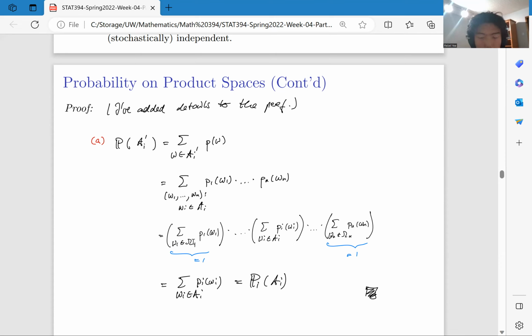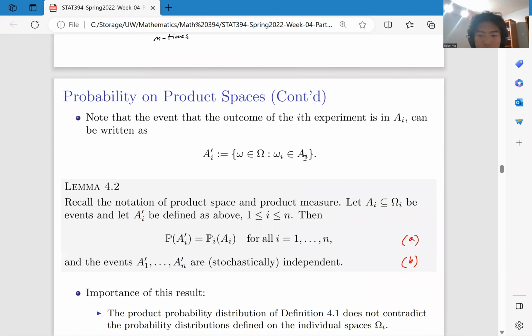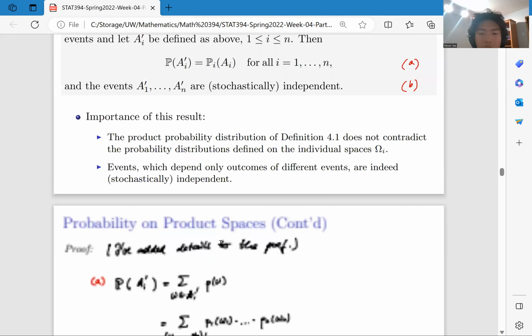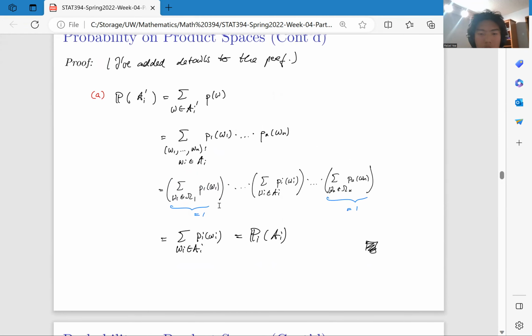As we discussed many weeks before, for a discrete sample space, if the sum is over all outcomes, this is equal to 1. This is the case where all possible outcomes happen. So all of the terms are 1, except for this one, which is not 1. This is exactly what we defined here as Pi of Ai. So the final term becomes Pi of Ai.